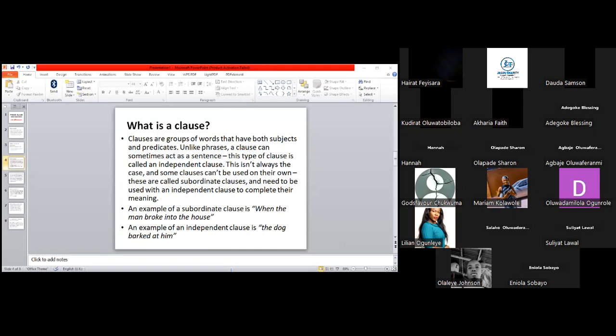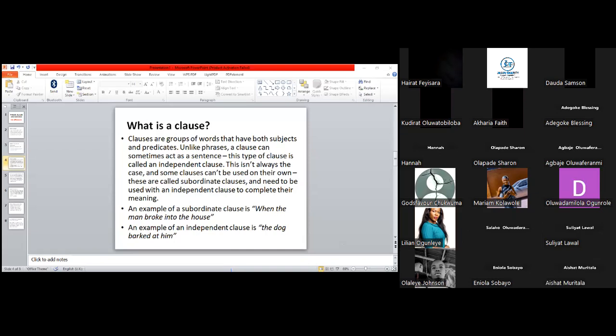The person in charge represents the independent clause. We have a certain belief in that person, such that we know that whatever problem we have gone there with, they can solve it. So now let's put the independent clause and the subordinate clause in that scenario.